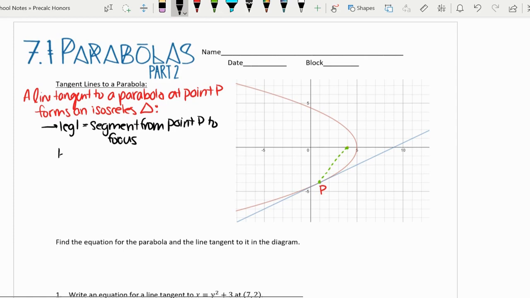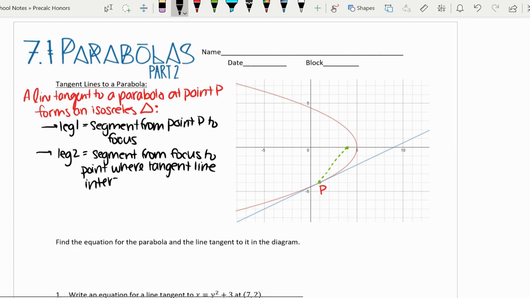The second leg, and this is a little interesting, but we'll draw it out there, is going to be the segment from the focus to the point where the tangent line intersects the axis of symmetry.